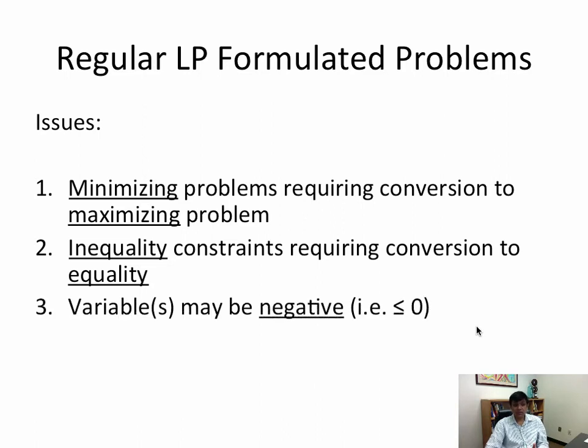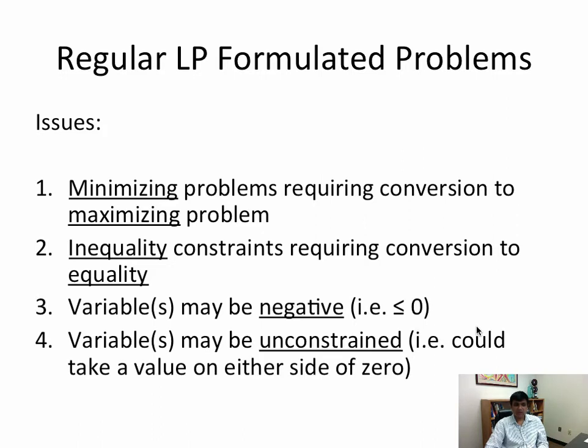The variables may be negative. Although we haven't seen that example as yet, it is possible that in some situations a variable may be negative. So how will we handle a negative variable? And finally, another form of non-standard could be a variable that is unconstrained, that is, it could take a value on either side of 0.